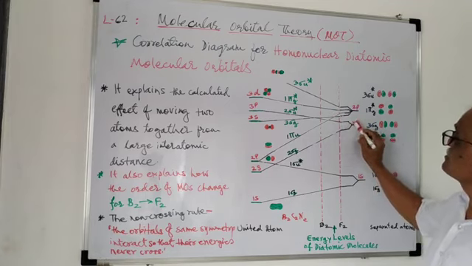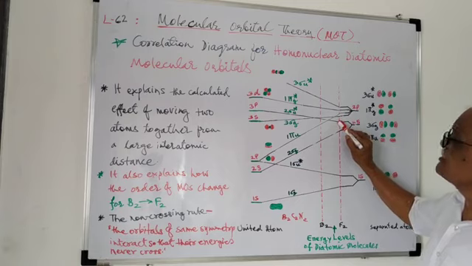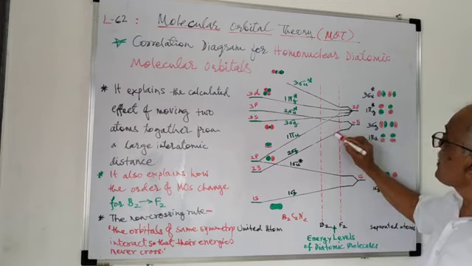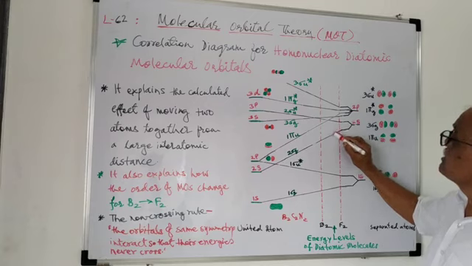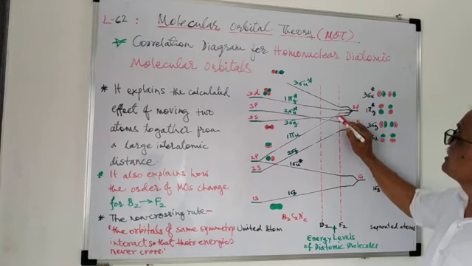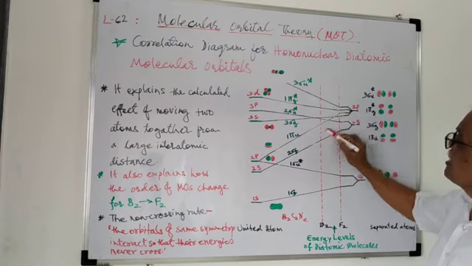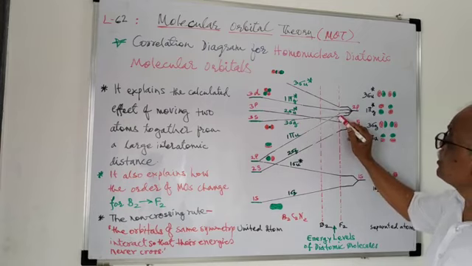So this is about the 2s orbitals. This will result in the formation of 2 sigma g and sigma g star. But when we consider this level, you will find that pi u is higher, and sigma g is lower in energy.